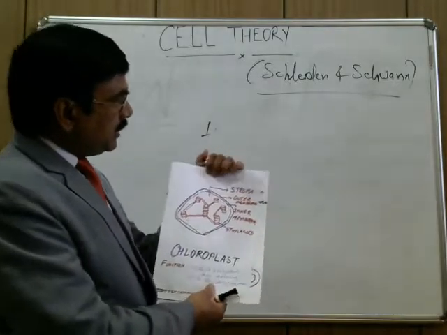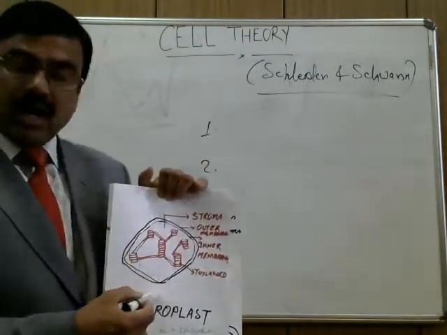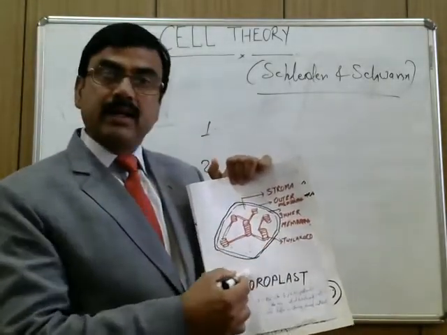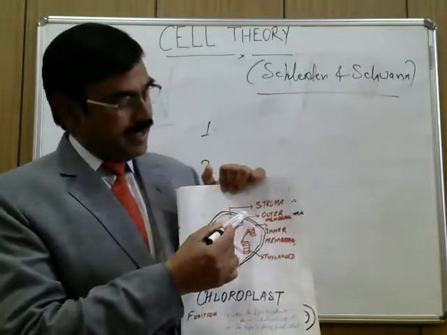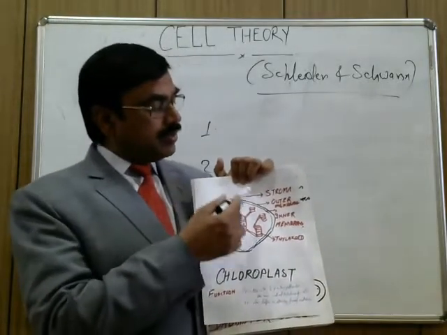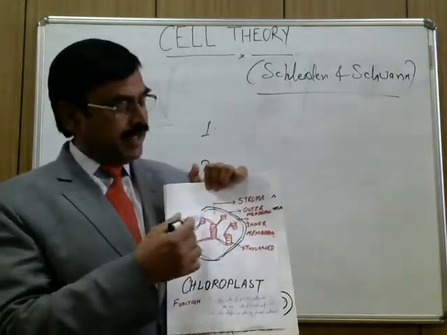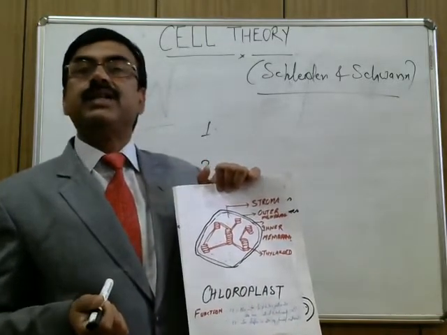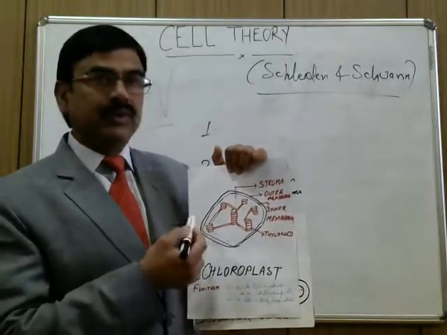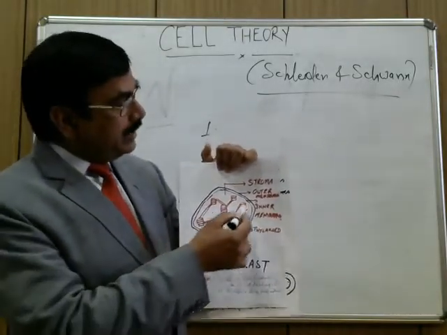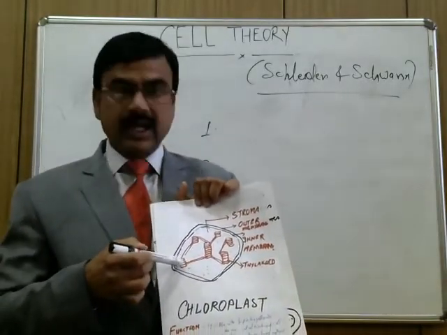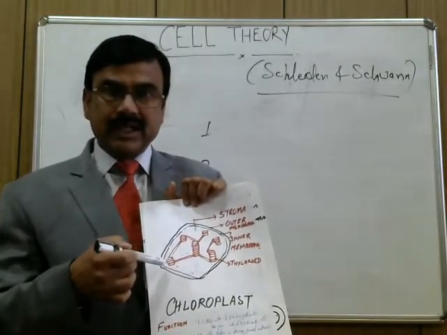The chloroplast is surrounded by a two-layered membrane. Look at this, outer membrane and inner membrane. Inside the inner membrane, again a fluid is present, which is called the matrix.